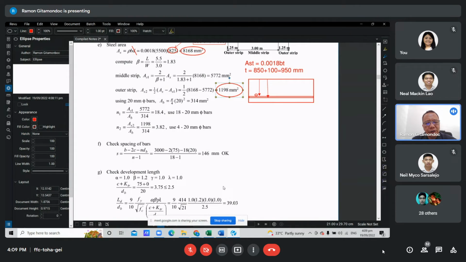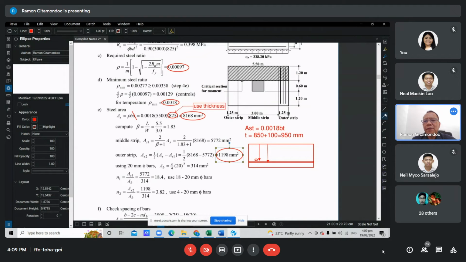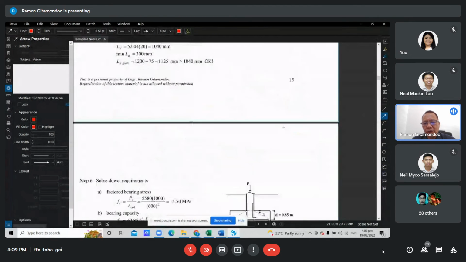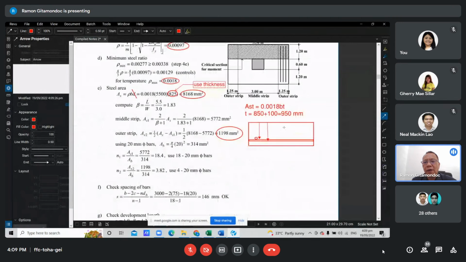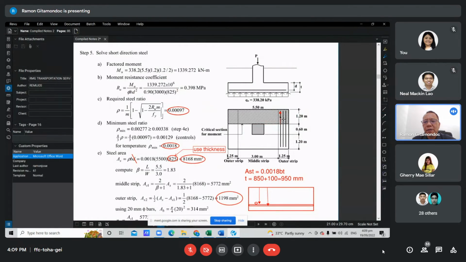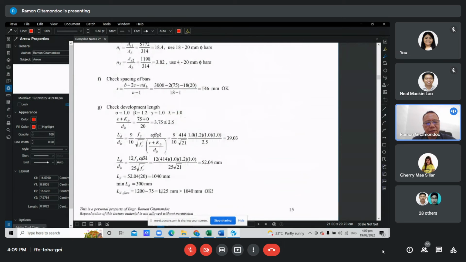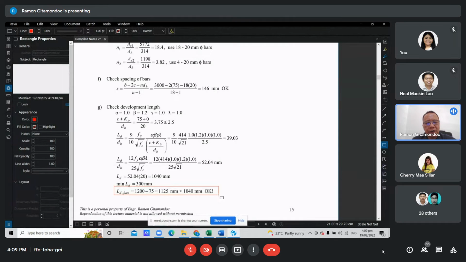Then next we check the development length. This distance here is the available development length. That is 1.2 meters minus the cover. So the LD provided is 1,200 minus 75 cover, and we get 1125.